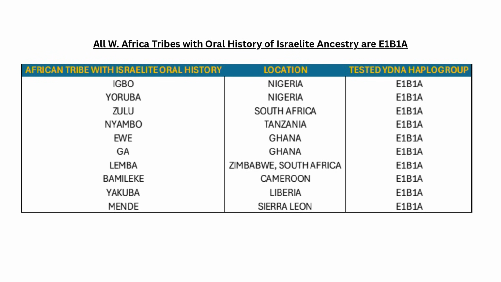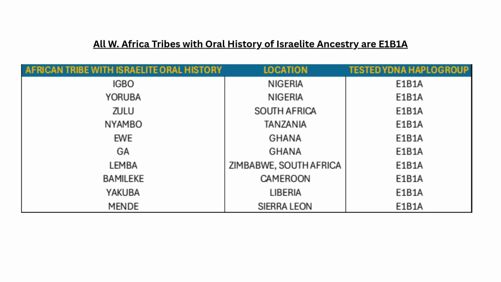This here is very, very clear, showing that the paternal Y-DNA profile of the groups of people who have retained that oral history are all the same, which is significant because, remember, for you to be an Israelite, you have to be a descendant of Jacob, or who we call Jacob.